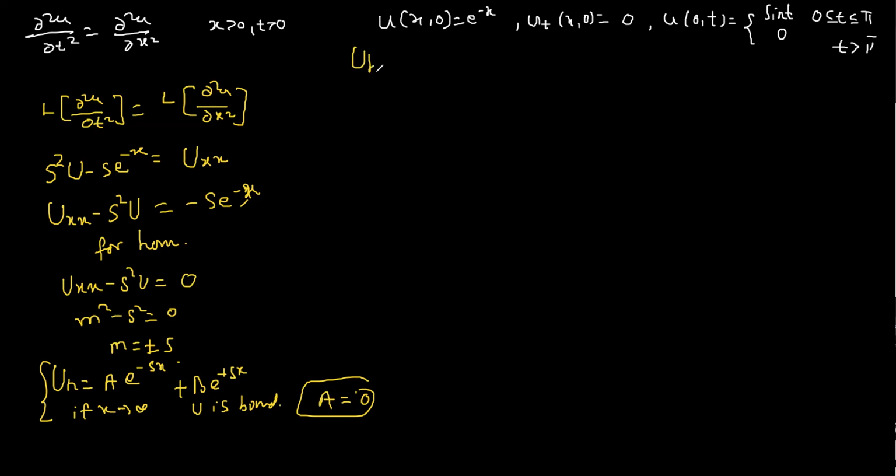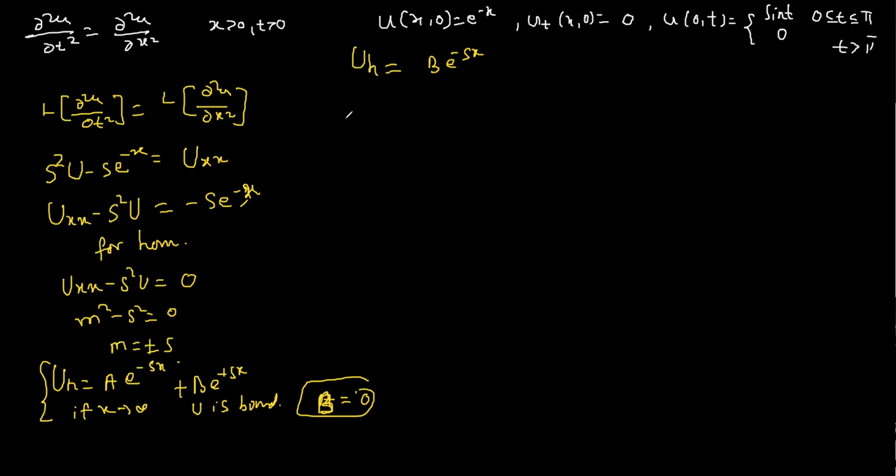So homogeneous equation becomes, understood? No, it is bounded, no? B is 0. Always 0 which part? Positive part. And always take negative part.